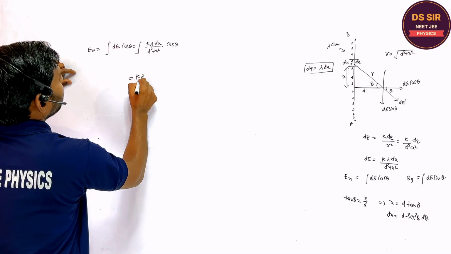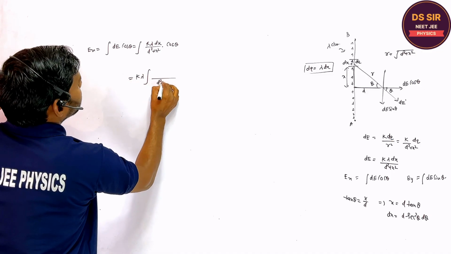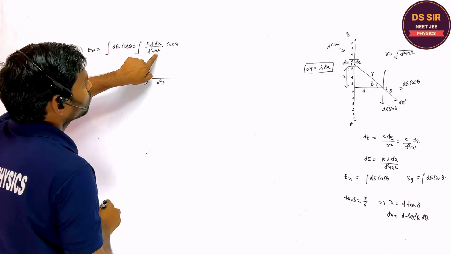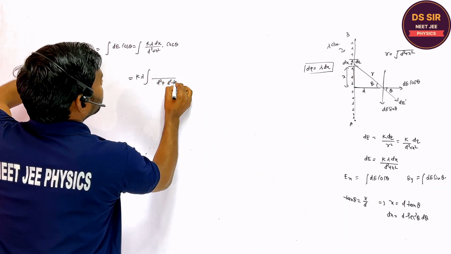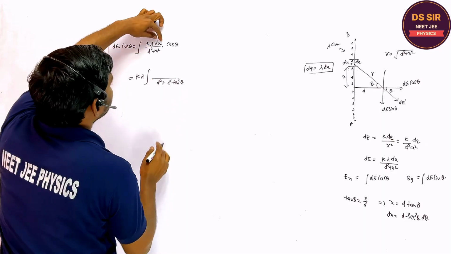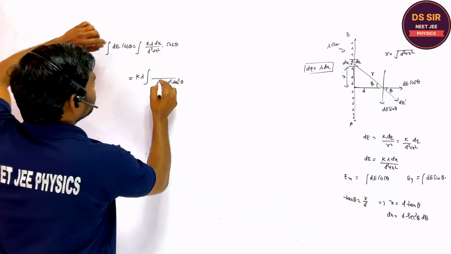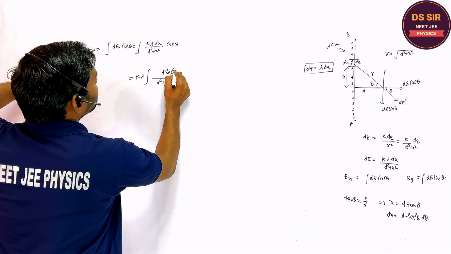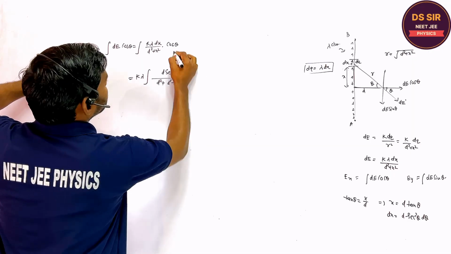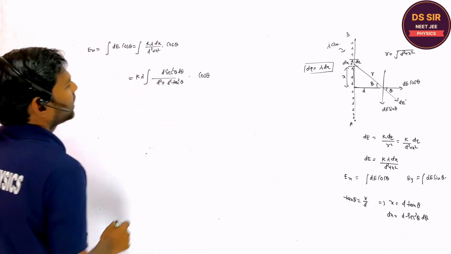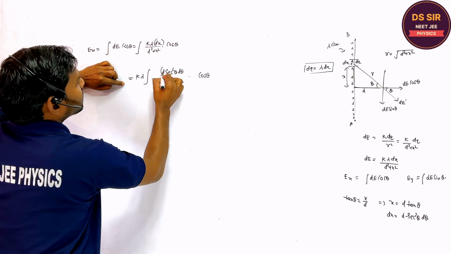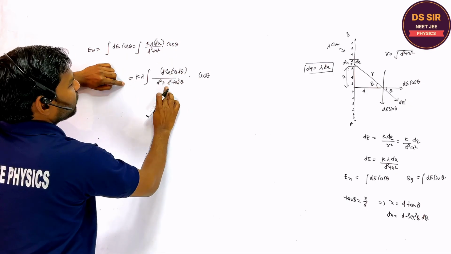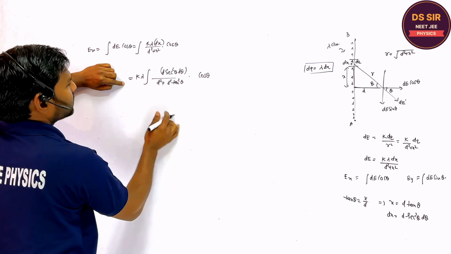So I am taking k lambda common. In the denominator this is d square plus x square. What is the value of x? x is d tan theta, so x square is d square tan square theta. In place of dx, I write d sec square theta d theta, and this is the cos theta. I think you are getting each and everything. The k lambda is out. In place of x, d tan theta, and cos theta as it is.